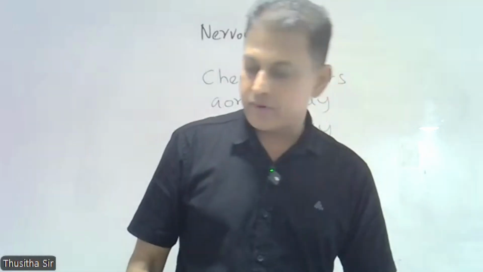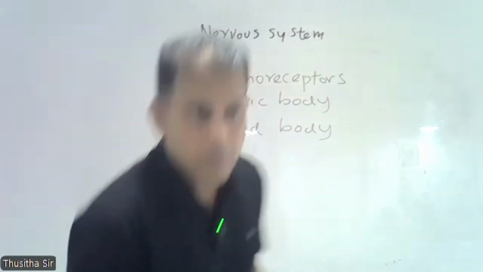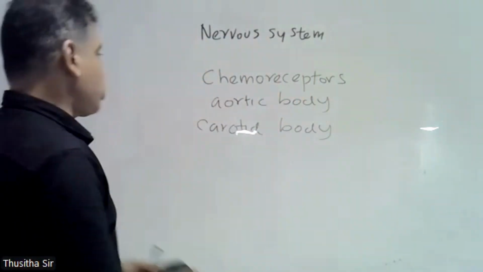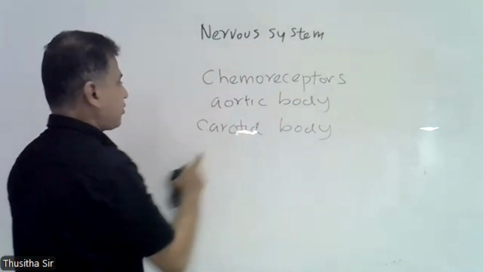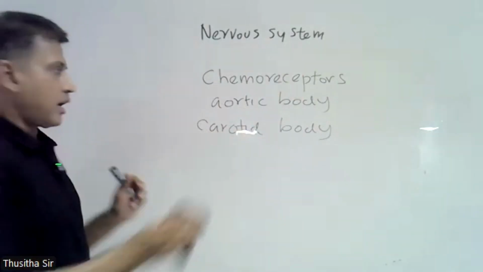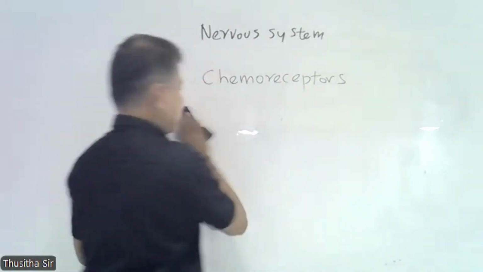So I will show you where these aortic body and carotid body are located, and where the chemoreceptors are.